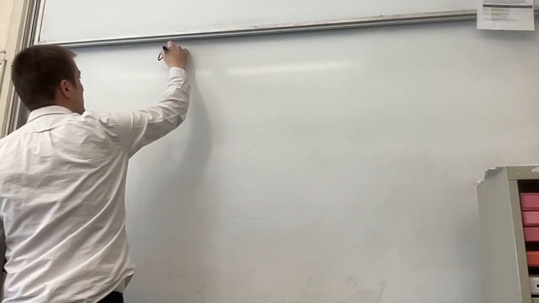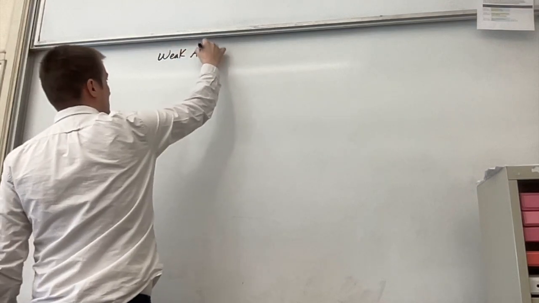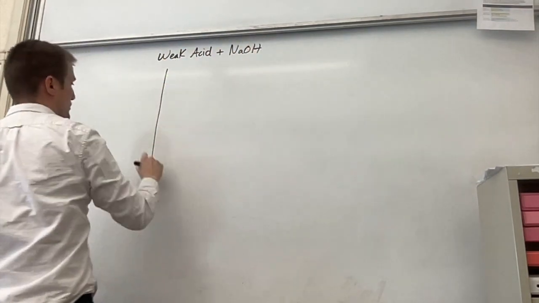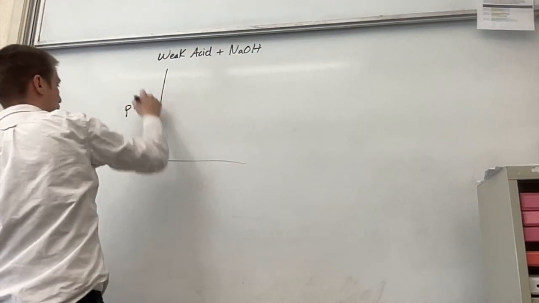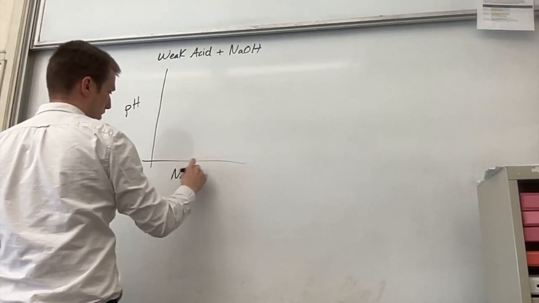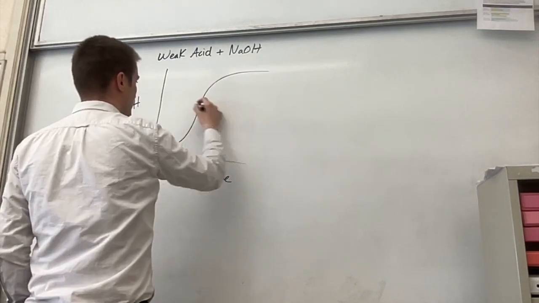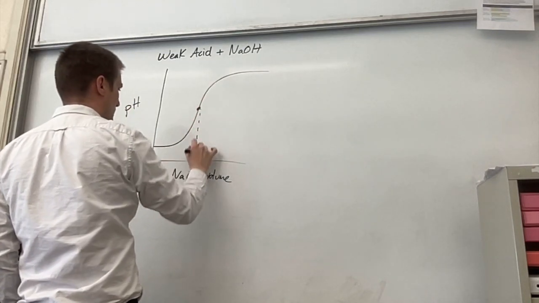Oh, here, wait, I know what I was going to say. A weak acid plus NaOH. Okay, so same curve here, pH versus NaOH volume added. You get something like this. Here's your equivalence point.